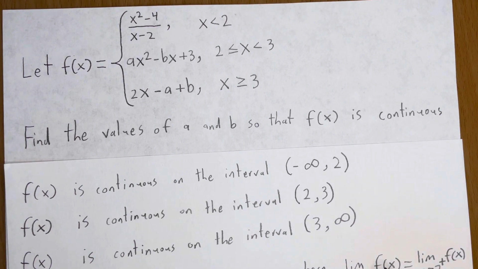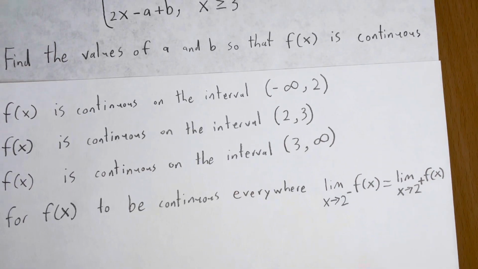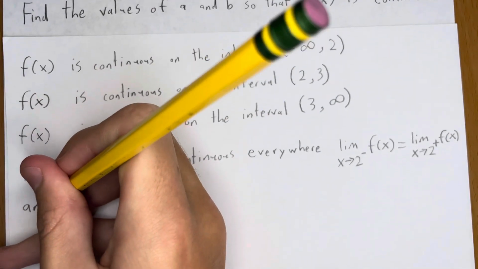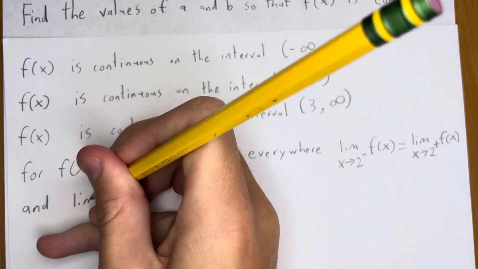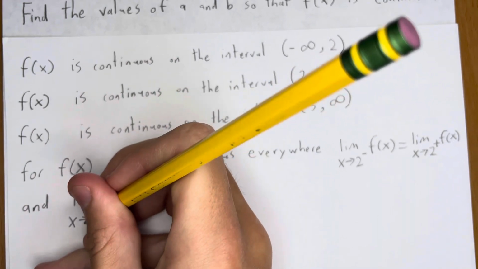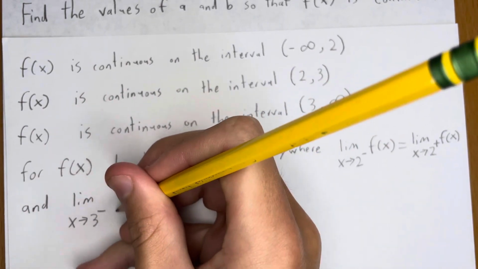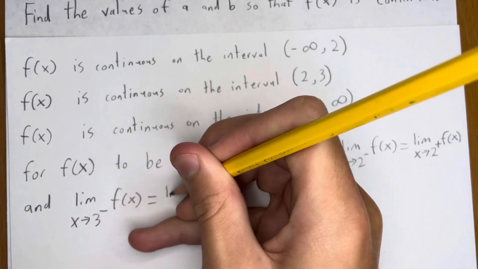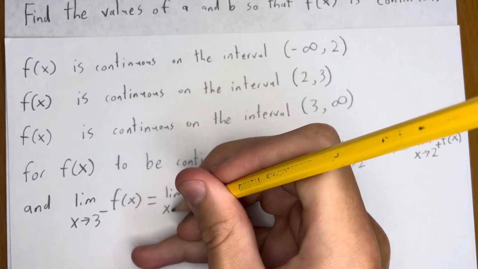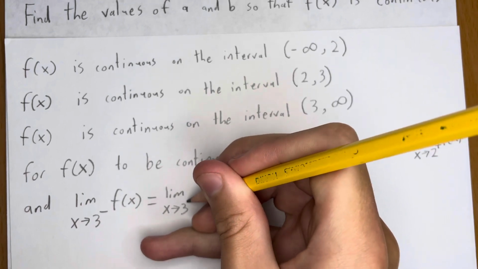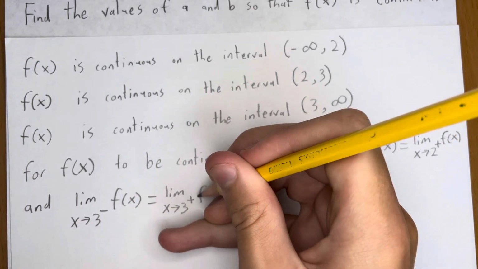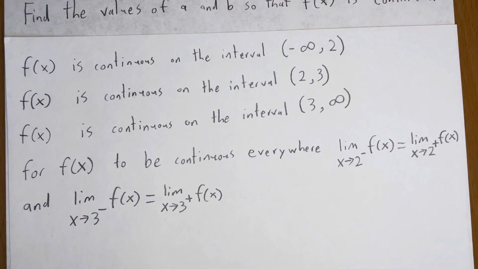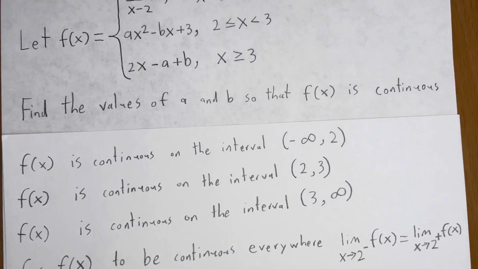So we're setting the left and right limits the same as each other. And also the limit as x goes to 3 negative of f of x is equal to the limit as x goes to 3 positive of f of x. Once again, setting the right and left limits equal to each other, so we have a defined limit.